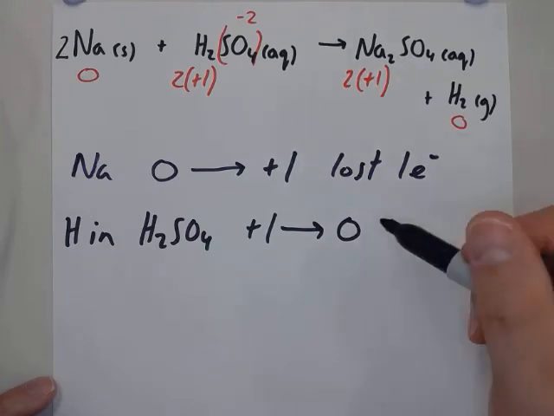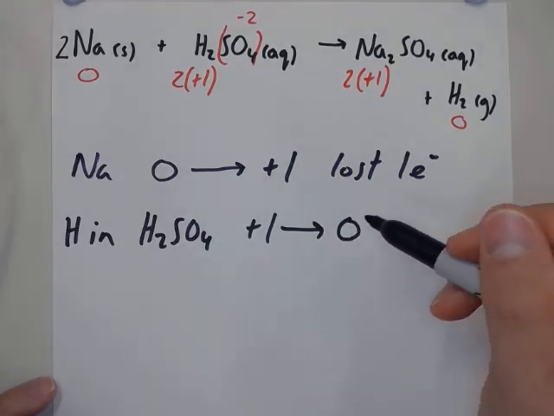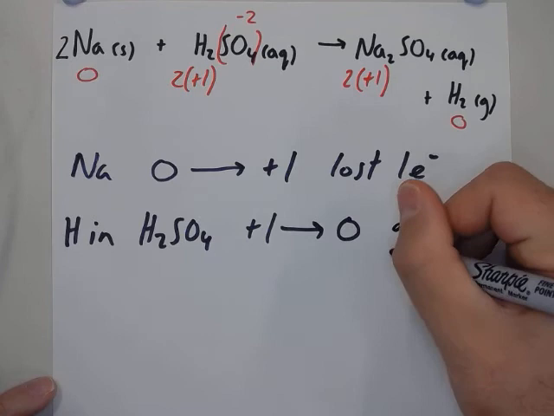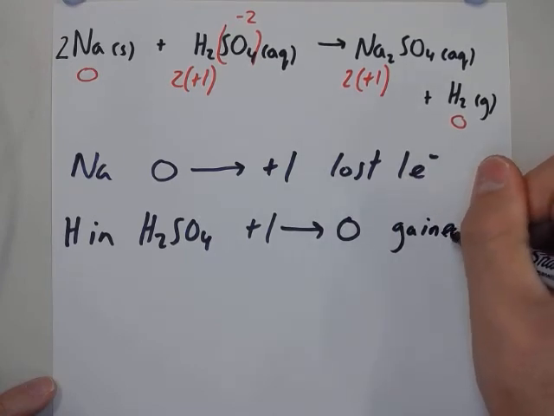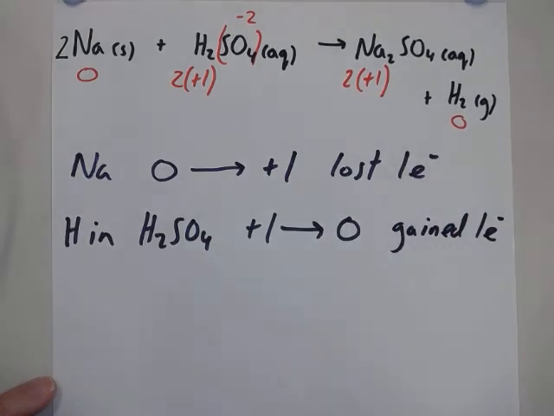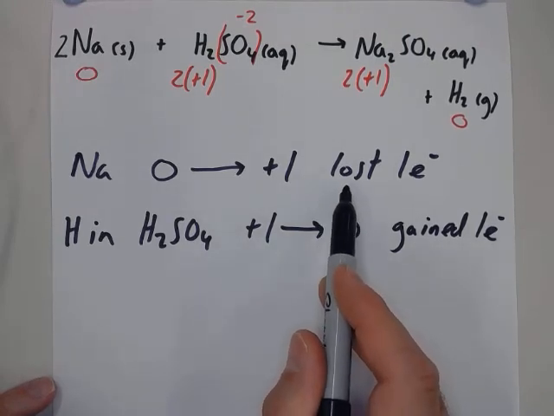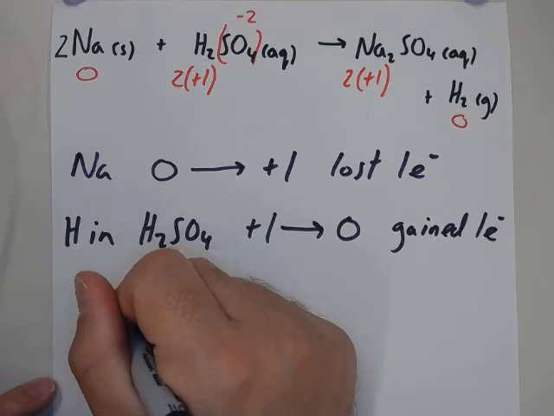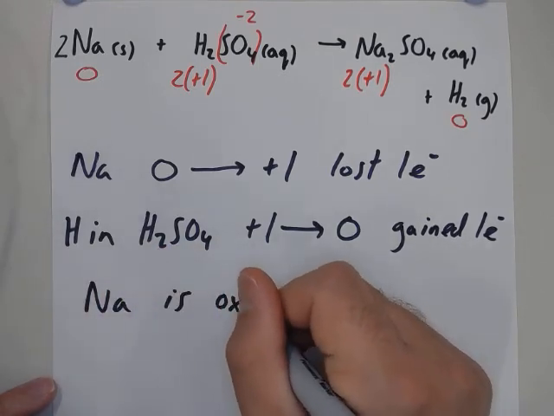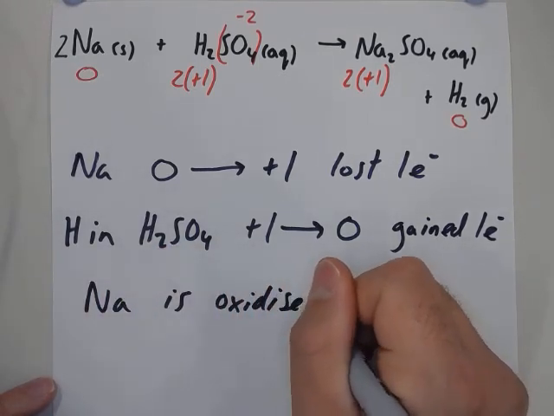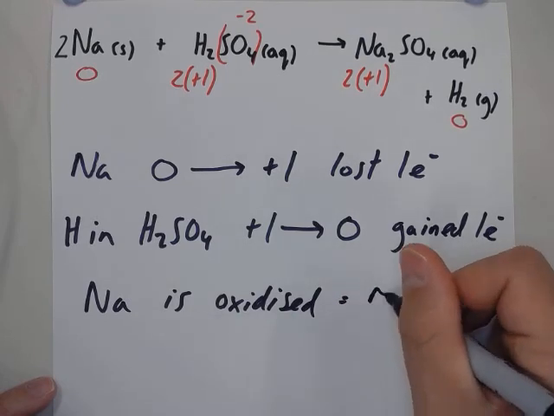Okay, so +1 to 0, each hydrogen has gained 1 electron. So OIL RIG, oxidation is loss of electrons. So Na is oxidized. That means it's the reducing agent.